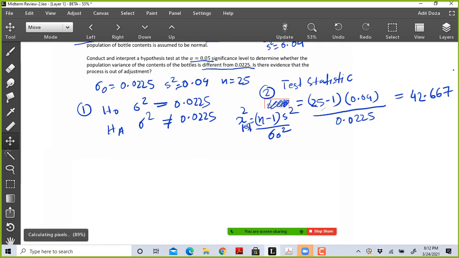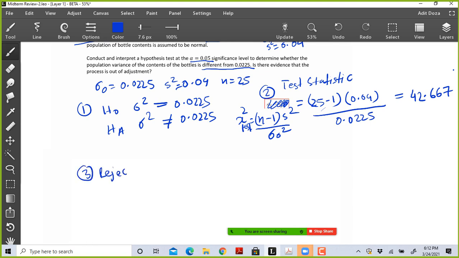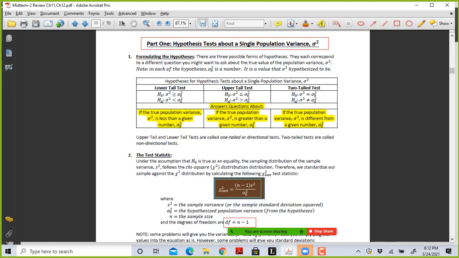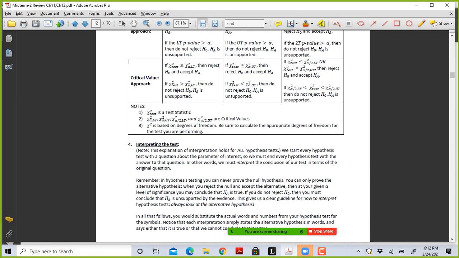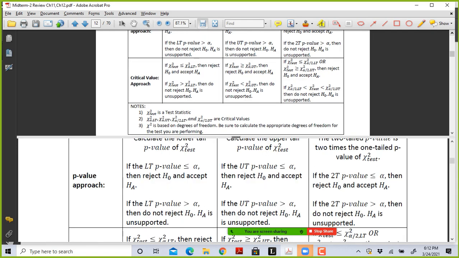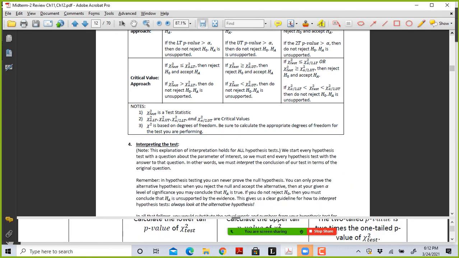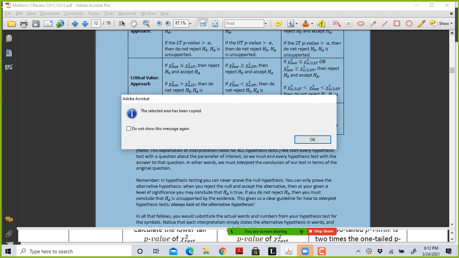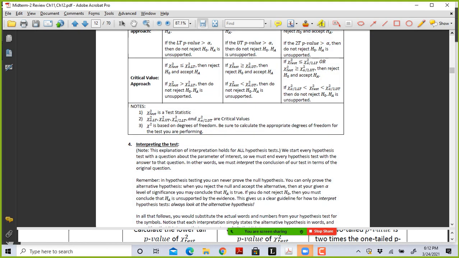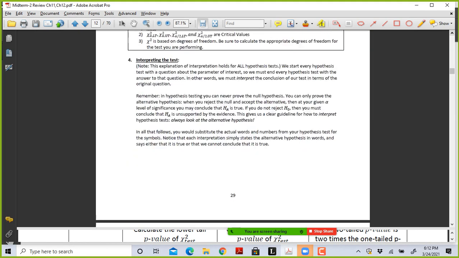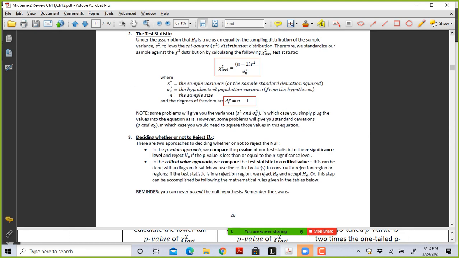Is that clear? What's the third step? Decision making rule. So do we reject or not reject? So for the decision making rule, we can use the critical value approach or p-value approach.